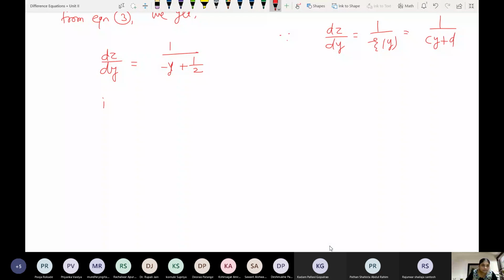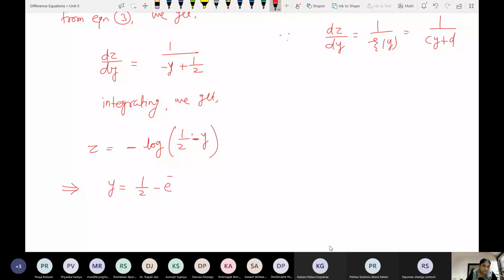Integrating, we get z equal to minus log of 1 by 2 minus y, or minus y plus 1 by 2 you can write. So this implies y is nothing but 1 by 2 minus e raised to minus z. Is that okay?